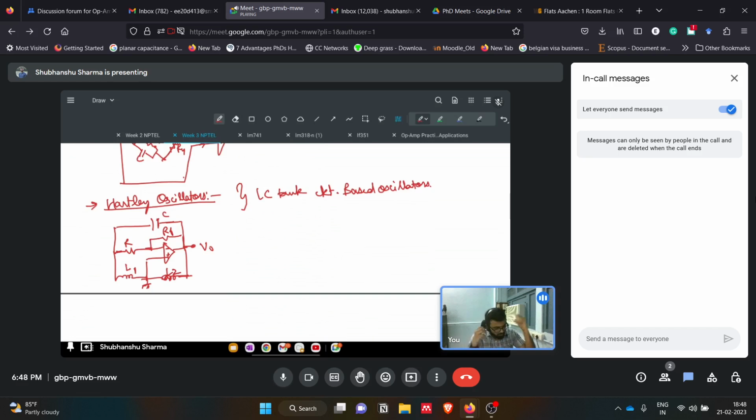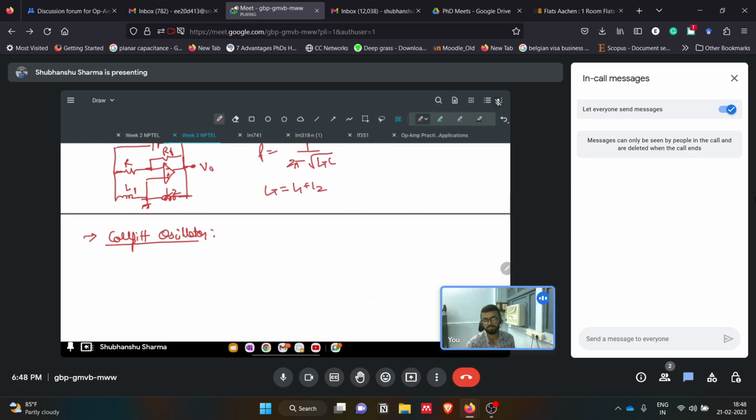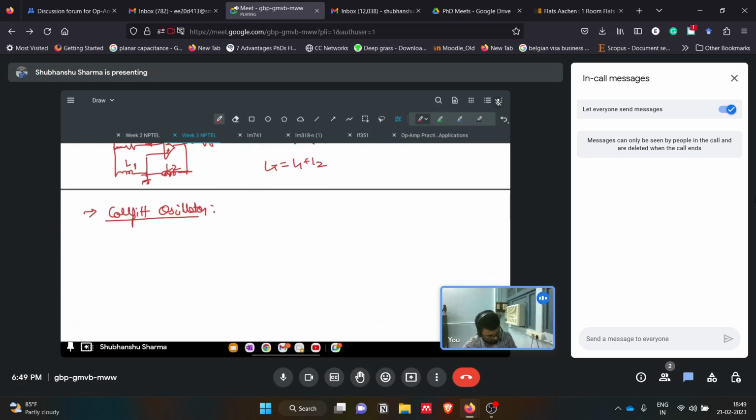There was also a Colpitts oscillator. I will just draw this circuit for Colpitts. Here the frequency was given by 1 by 2 pi root of L times C total, where LT is L1 plus L2. In the Colpitts oscillator, we use two capacitors instead of one, as we use in Hartley. So it is like this.